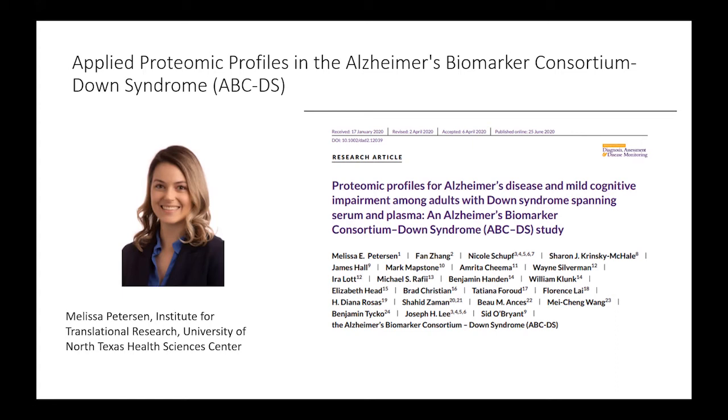So Melissa Peterson, who's a junior faculty member at University of North Texas, has been looking at the plasma of people with Down syndrome in our ABCDS study, doing a proteomics profile of protein changes that happen when we look at people who are cognitively stable with Down syndrome relative to those who are developing mild cognitive impairment, or the best that we can assess that in people with Down syndrome, and compare those to people who frankly have dementia and also have Down syndrome.